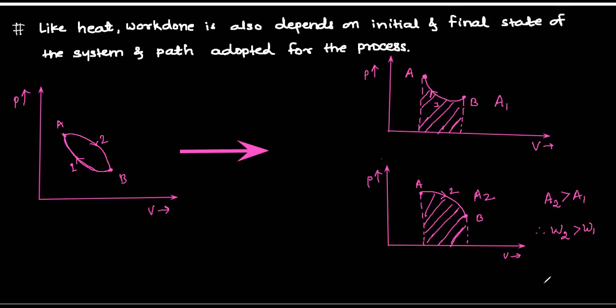Next one, the last point, is very important. In a cyclic process, work done is equal to the area of the closed curve.